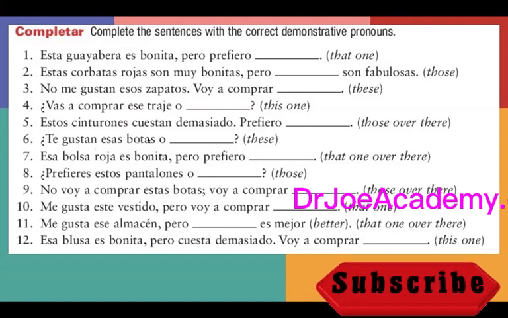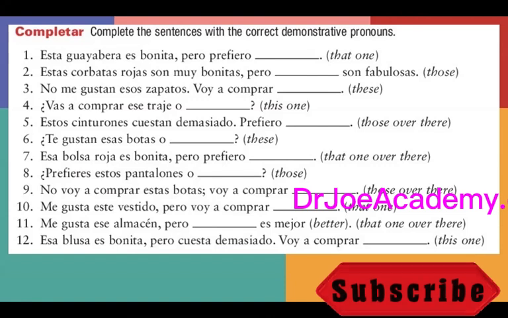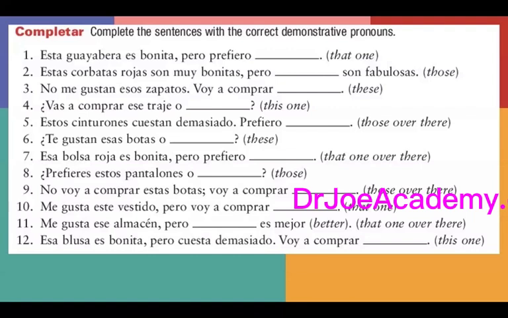All right, number 6. ¿Te gustan estas botas o blank? These. How do we say these in Spanish? What is the blank here? The answer is these. So what is these in Spanish? I think it's estas, plural. Okay, yeah, it's one of those ones, but it's plural.